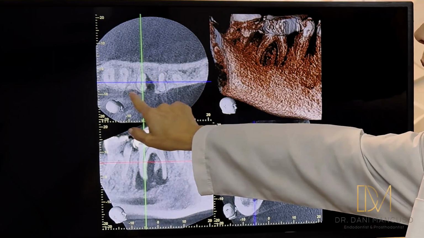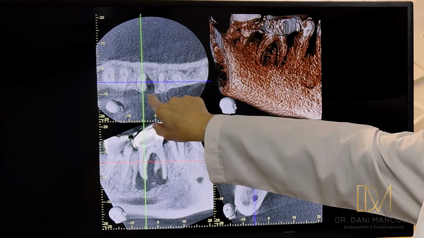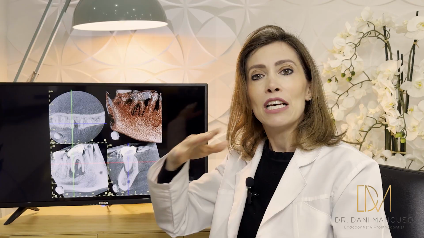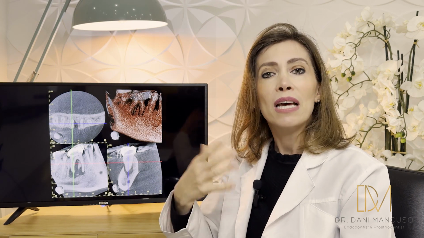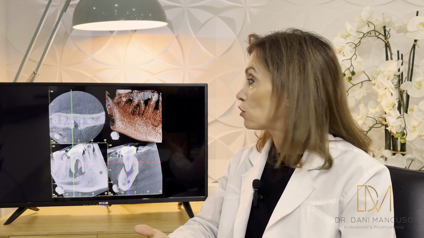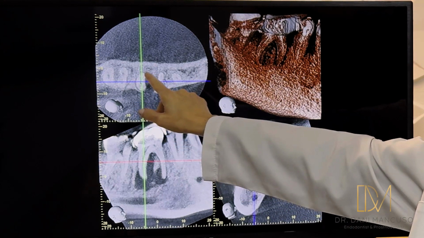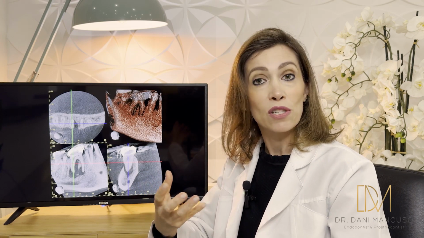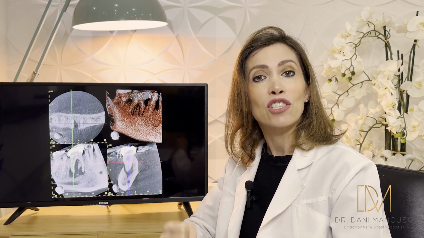When we see the cortical bone here, there is a tiny hint of cortical bone in the front part of this tooth, meaning that the cortical bone cervically hasn't been absorbed at all. And you can also see a lot of the furcation is still filled with bone, which in reality, when you are doing the root canal treatment, is good because it works as a scaffolding for that infection to heal.